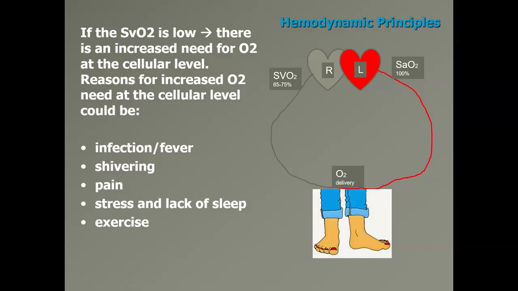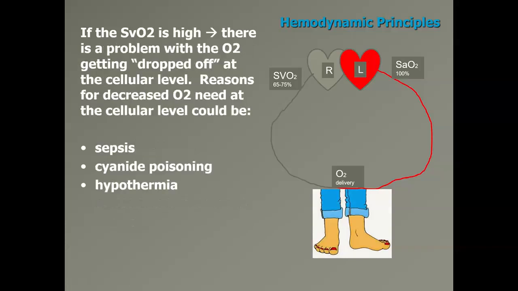Of course, if there's a time when the venous oxygen saturation can be lower, there can also be a time when the venous oxygen saturation could be higher than normal. What does this mean? It means that for whatever reason, O2 is not being dropped off at the cellular level. It could be because the cells don't need it, such as in hypothermia.